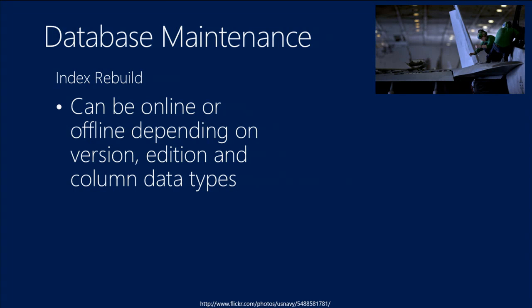Up through SQL Server 2008 R2, if you try to do an index rebuild operation on a table that has blob data in it, text, ntext, image, varchar max, nvarchar max, or varbinary max, then you're not going to be able to do an online index rebuild. That problem was fixed in SQL Server 2012. So in SQL Server 2012, I can now do online index rebuilds if my table contains those blob data types.